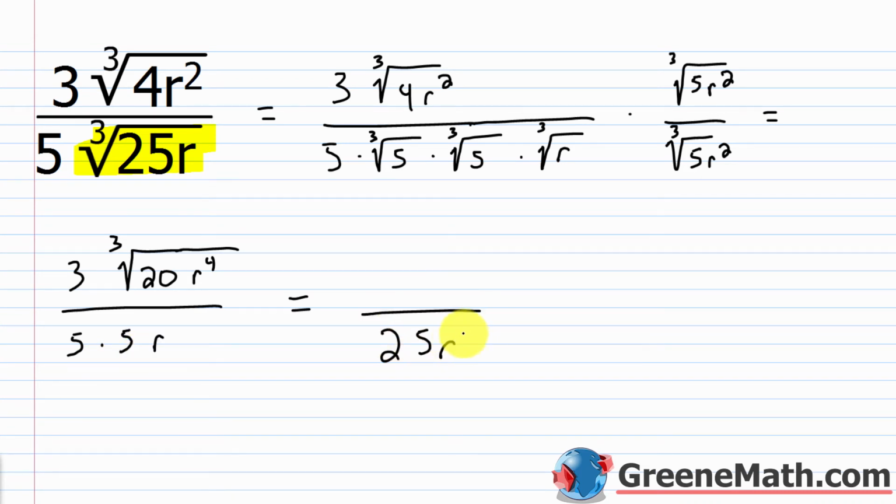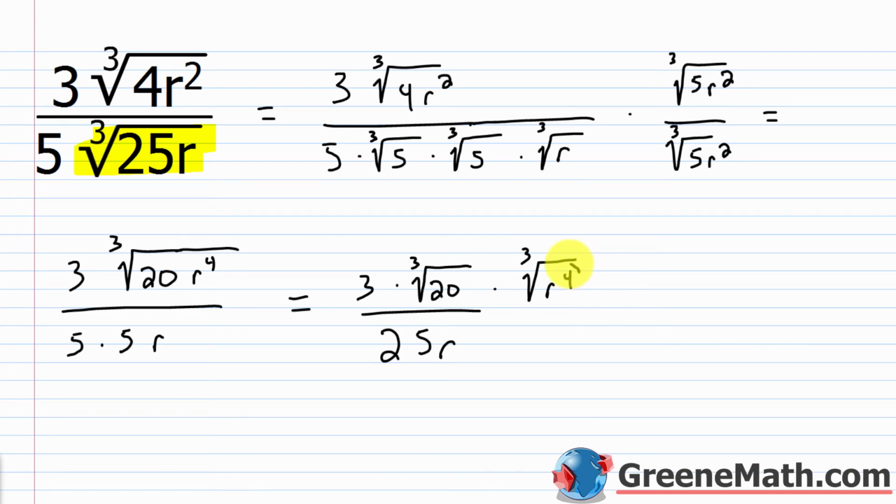In the numerator, you'd have 3 multiplied by 20. 20 is 5 times 2 times 2. There's no perfect cubes in there, so you can just leave that 20. So we'll put the cube root of 20 multiplied by, when we think about the cube root of r to the 4th power, we know we can simplify this.